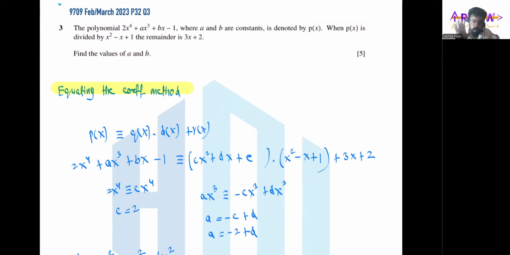In this way, you would be able to obtain the term in x cube. So this will be minus cx cube plus dx cube, and this will be compared with ax cube. So equating the coefficients of x cube with each other, I can say that a is equal to minus c plus d. And since I have obtained the value of c, a is equal to minus 2 plus d.